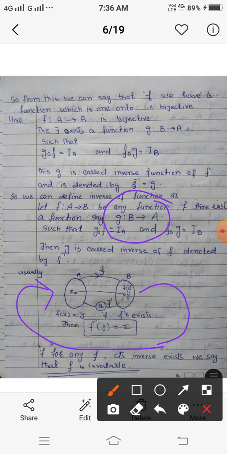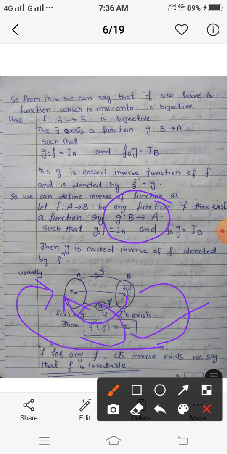Now inverse means that this y is related back to this x through g. Here g is f inverse, that is g of y equals x, which implies that f inverse of y equals x.